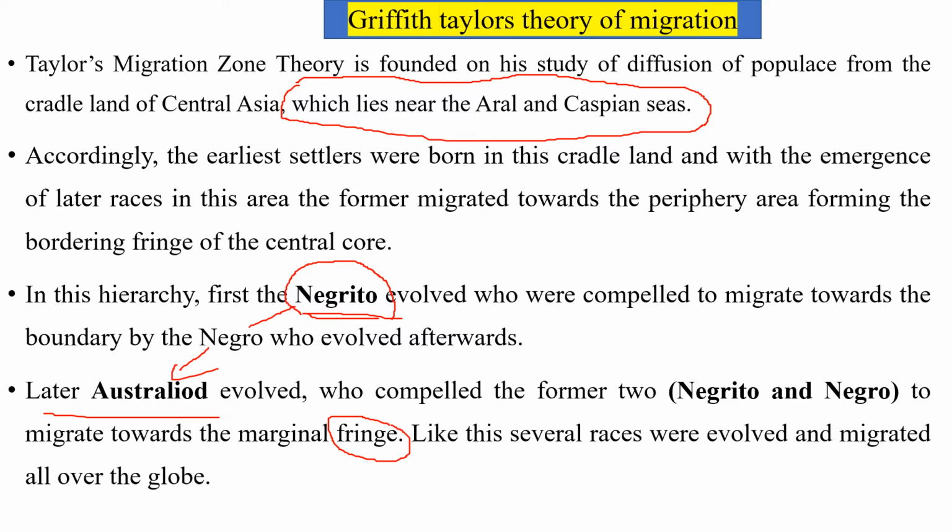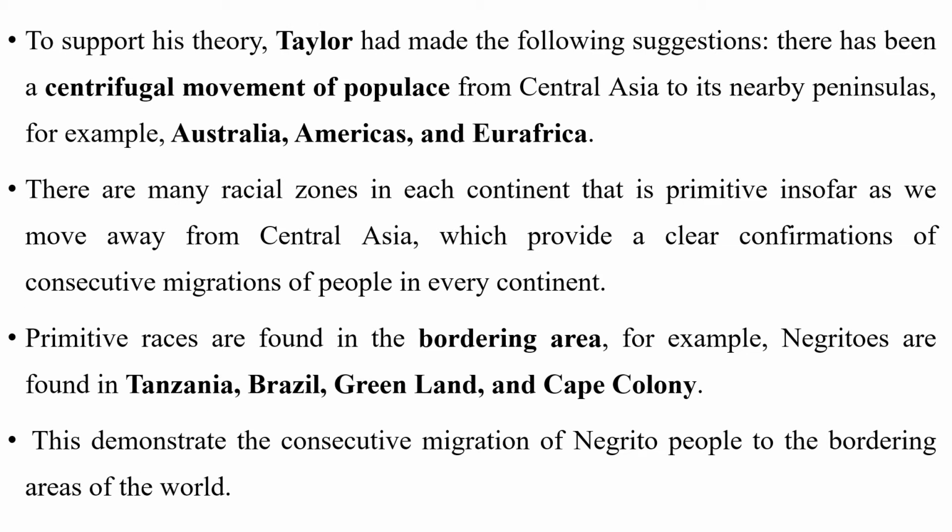After that the Negro evolved, then Australoid, and after that different types of races evolved in the world. According to this theory of Griffith Taylor, human beings evolved in Central Asia, near the Caspian Sea. After that, they moved all over the world.